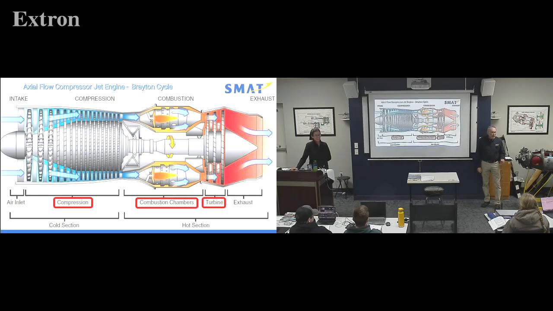Good questions. I'm glad you guys are trying to wrap your mind around this because this is foundational for everything that we're going to talk about. So the three: compression, combustion, and turbines. And turbines extract energy to drive the shaft to turn the compressor, and accessories on the gearbox.